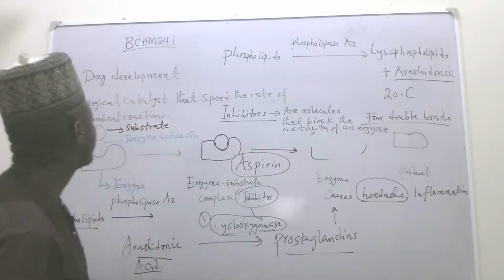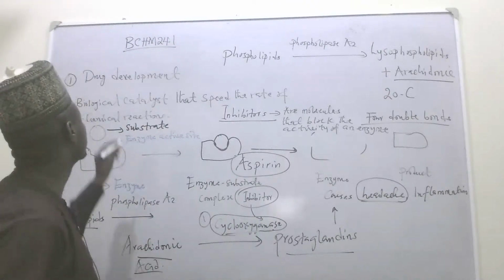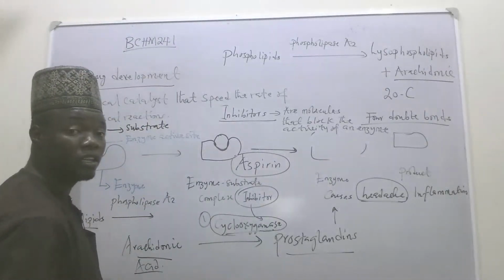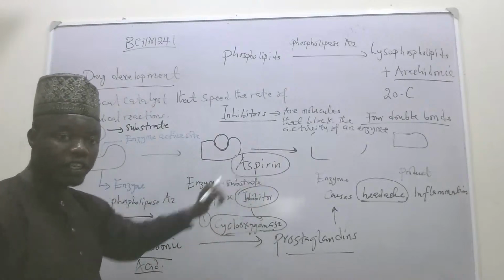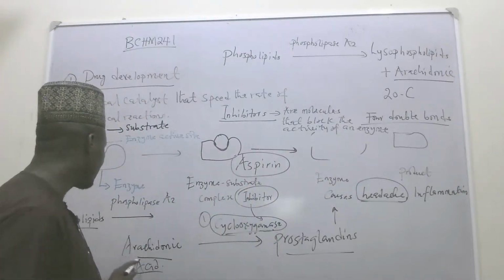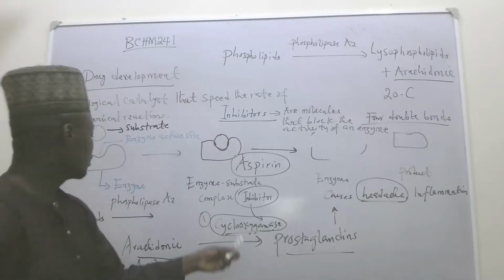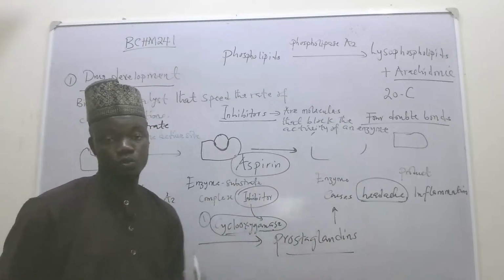So one of the applications of biochemistry in medical sciences is drug development. With a specific example, aspirin is a drug that blocks cyclooxygenase activity, which prevents arachidonic acid from being converted into prostaglandins. So this is how it works.